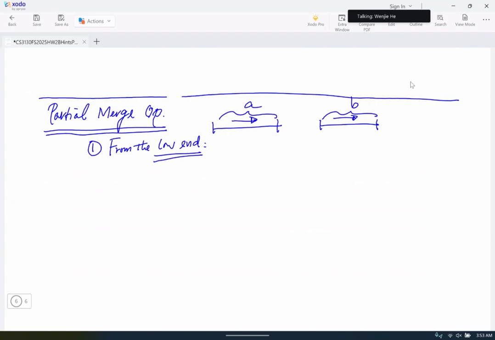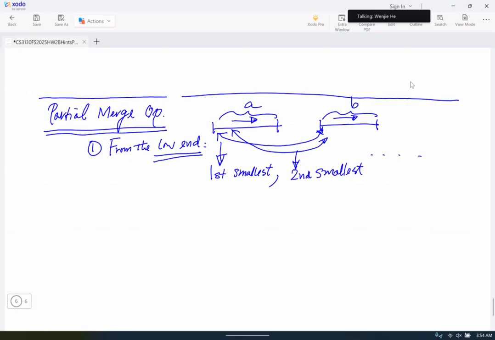From the low end, remember our first comparison, we will get the first smallest. Then the second comparison, we will get the second smallest, right? And so on.